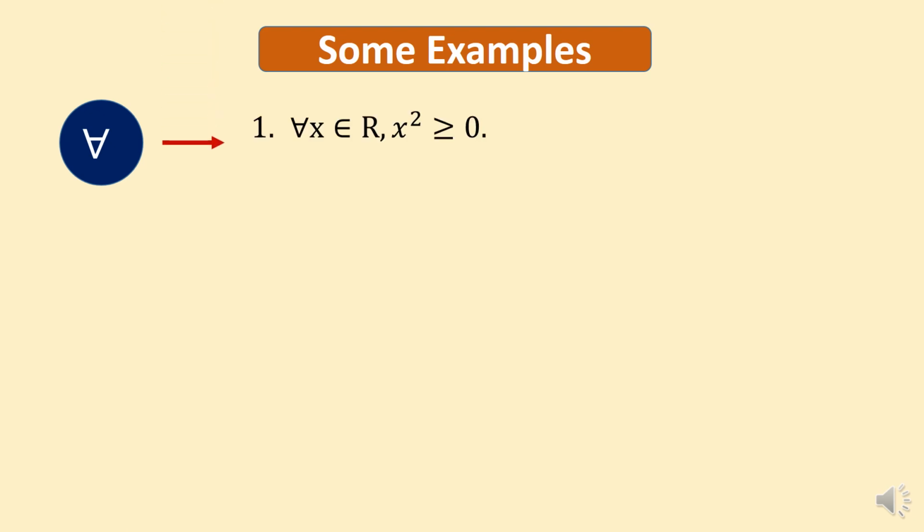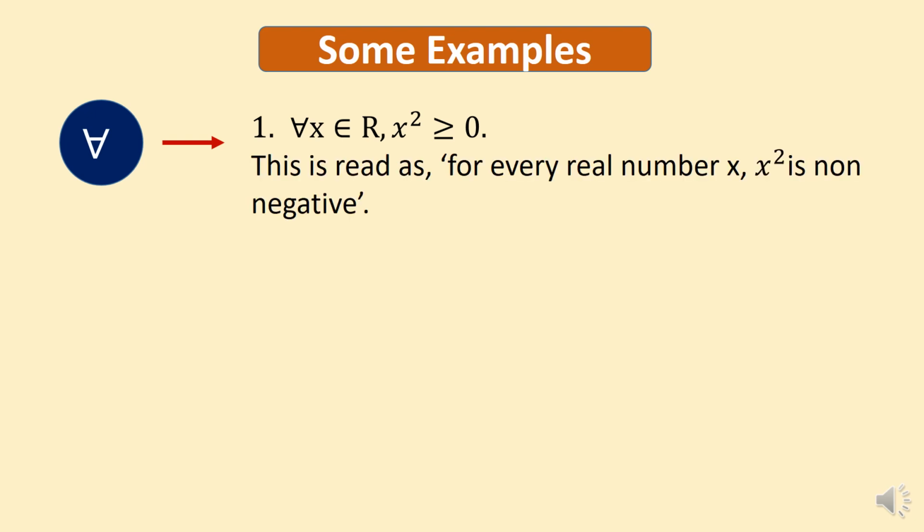Some examples involving quantifiers. The first one, universal quantifier. Here the example, we can read it as for all x belongs to R, x square is greater than or equal to 0. This can also be read as for every real number x, x square is non-negative.